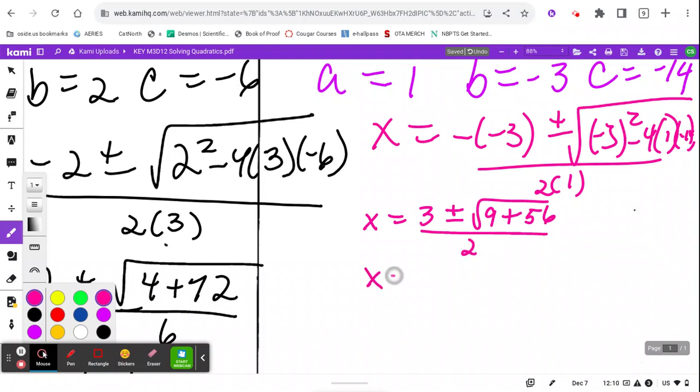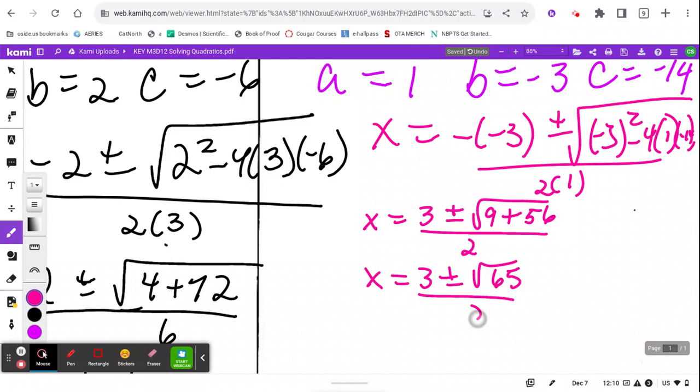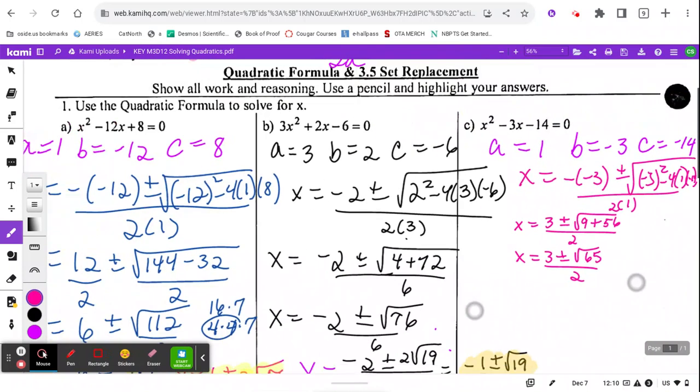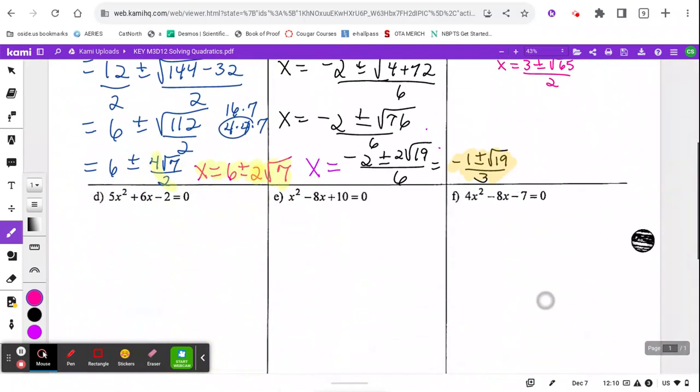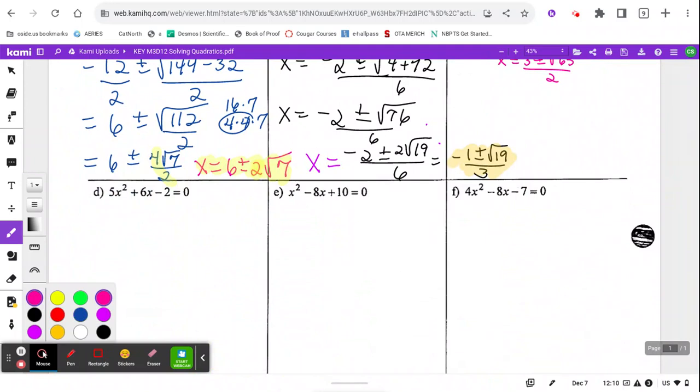And 56 plus 9 is 65. And since 65 breaks down into 5 times 13, two prime numbers that cannot reduce anymore, it is done. 2 real roots. All right, get a, b, c on the next one. Pause the video, see how far you can get.